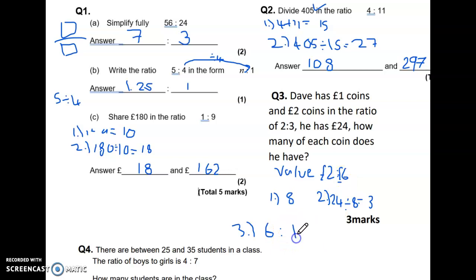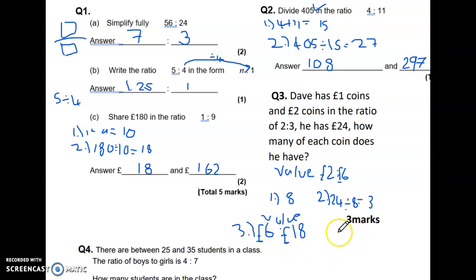So we've got 18 worth of £2 coins. So that again is your value. Right, so luckily add those two together and we get the £24. So that works. So that's your value. Right, so that's how much they're all worth.